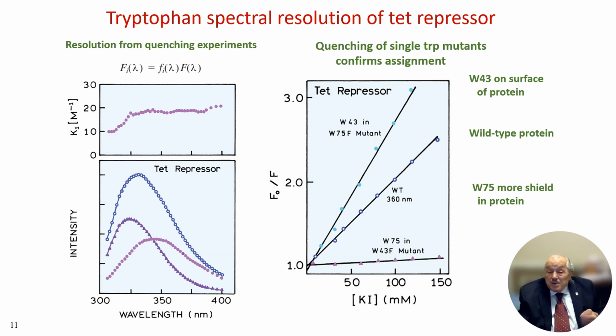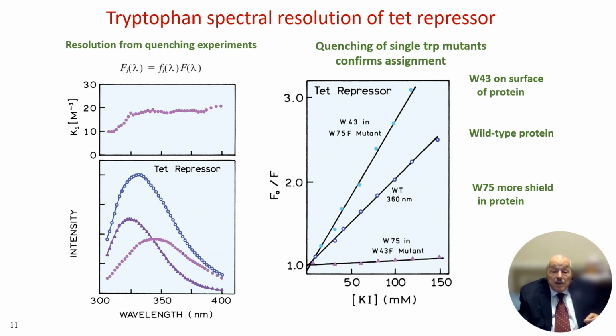I don't know which experiment was done first, but this was pretty much proven to be correct by a more biochemically challenging approach, which was to make single tryptophan mutants of the TET repressor. That's what we have here, the single tryptophan mutants on this side.